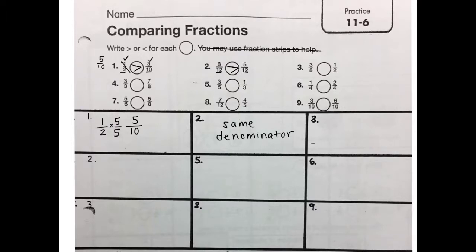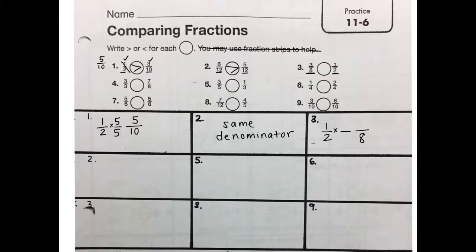Let's try number 3. 3/8 compared to 1/2. First, I need to ask myself, are the denominators the same? 8 and 2. Nope, they're different. Let's check the numerators. 3 and 1. Again, they're different. So I'm going to have to do step 3, make an equivalent fraction. I can see that I can turn my 2 into an 8. So I'm going to take 1/2, and I'm going to make it equal something over 8.